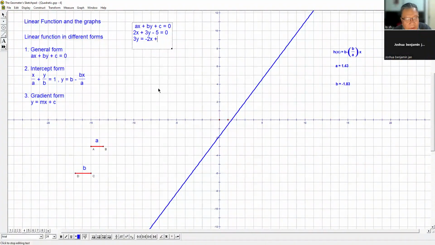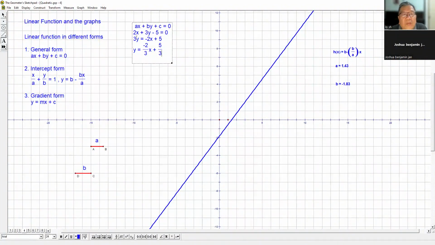Then the negative 5 I bring over to the other side, becomes positive 5. Then I divide by 3. Divide by 3, then you have y equals to negative 2 over 3 x plus 5 over 3.